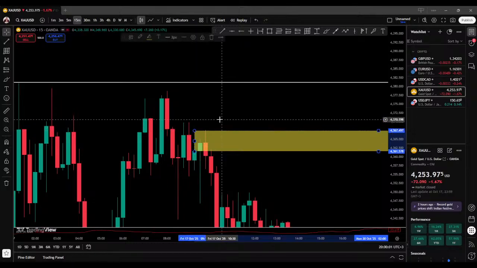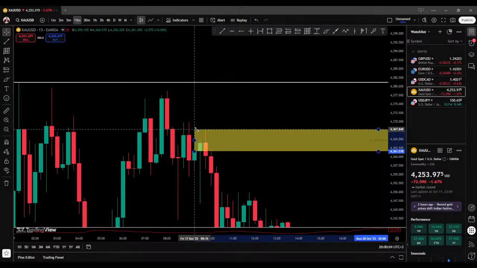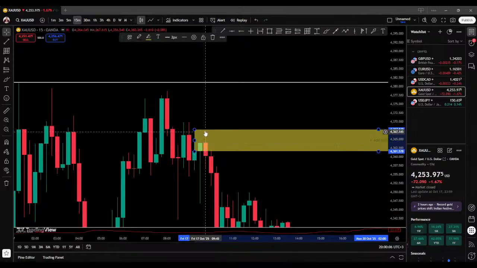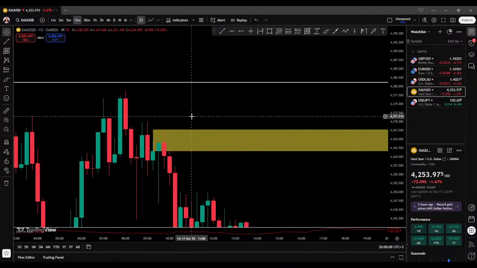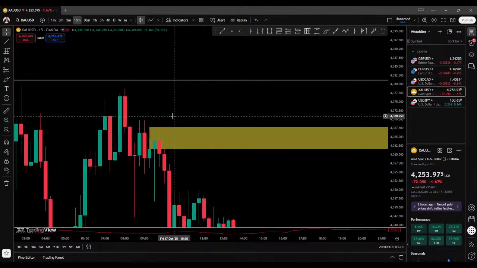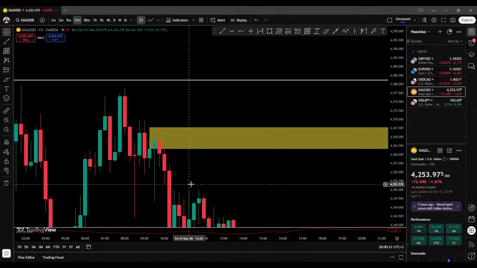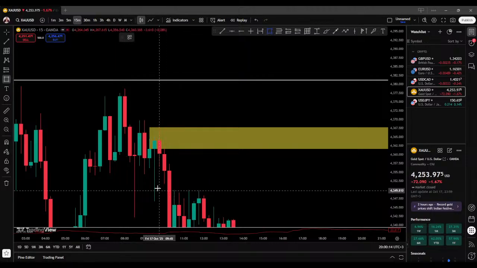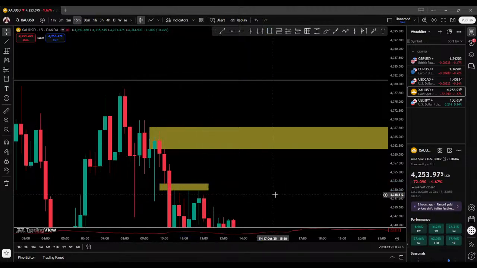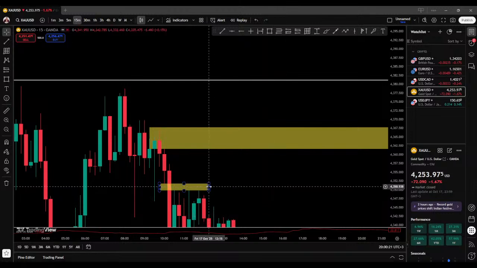If you see something like this, just put this one where this wick is, so that we continue to refine. You see that one here, and this is confluence because we still have liquidity that has not been swept yet.